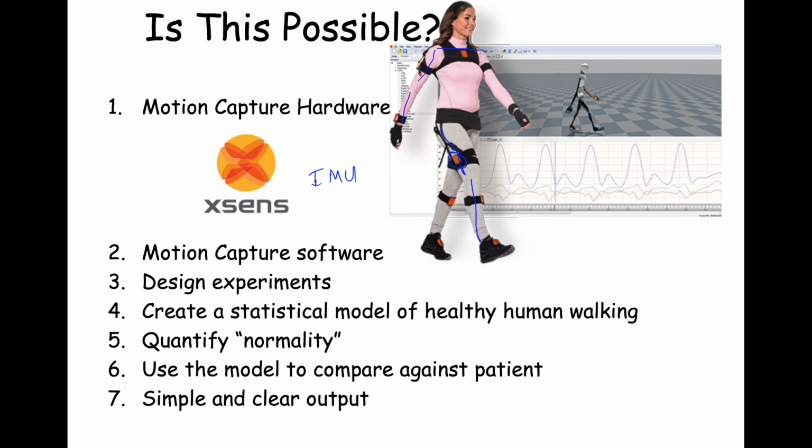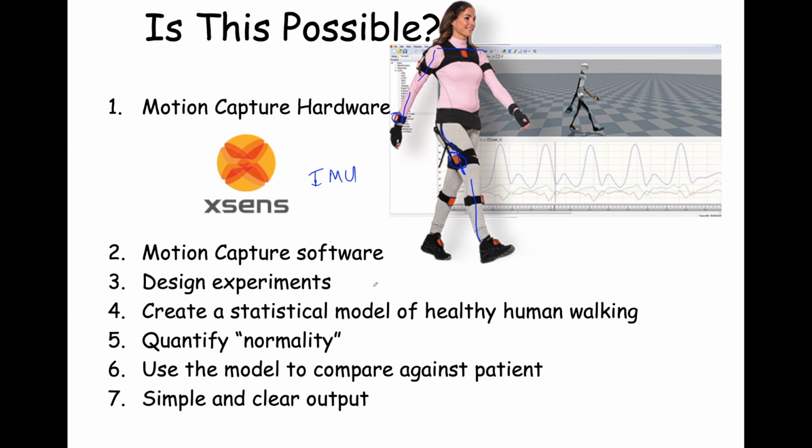It tells you exactly where to mount each one of these IMUs, and it calculates with a skeletal model how you're moving. So we took motion capture software to get these tracks for angular velocity and linear velocity for each of the joints of the skeletal model from real capture data.